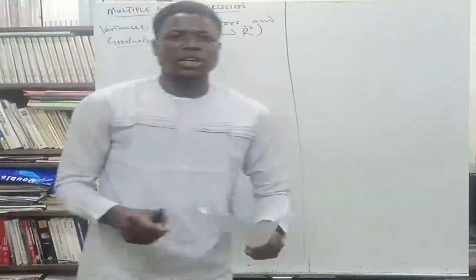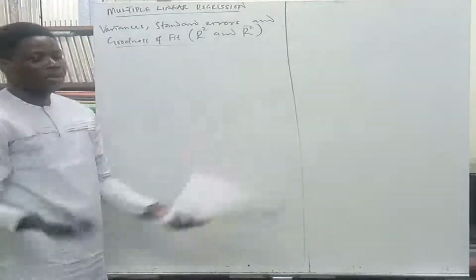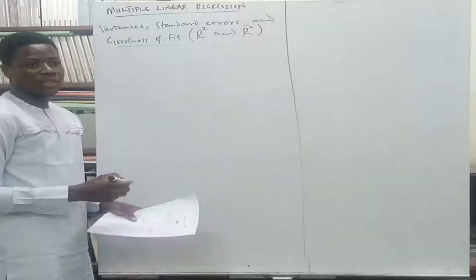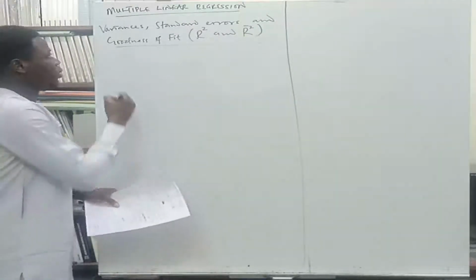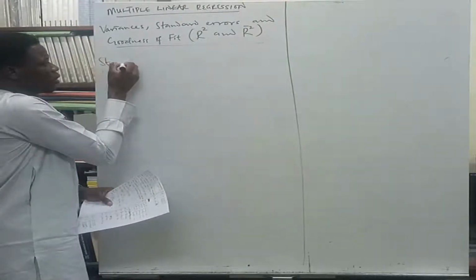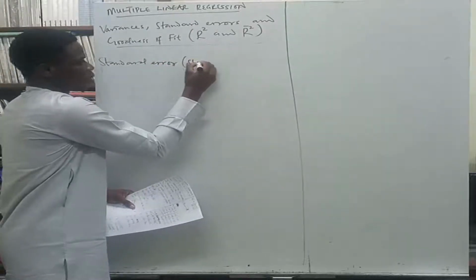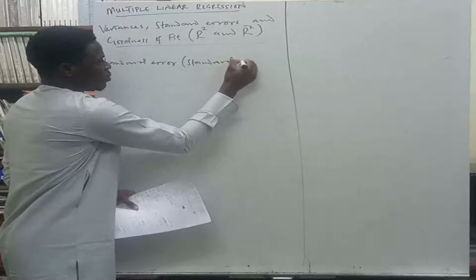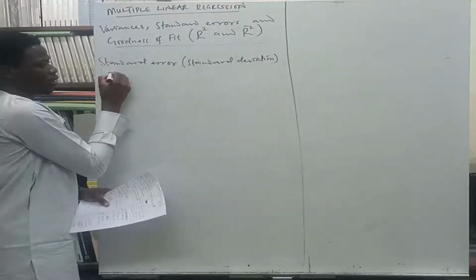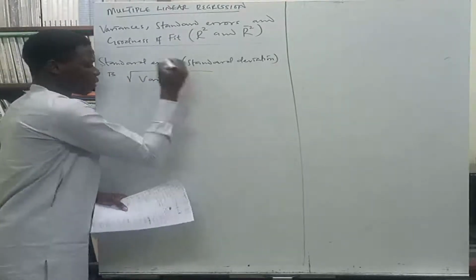After obtaining the OLS estimators, we can also derive the variances and the standard errors. From our basic knowledge of statistics, you know that your standard error, which is just like your standard deviation, is the square root of your variance.